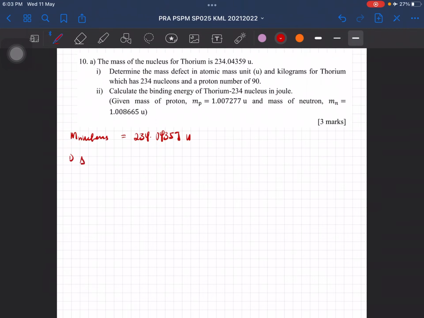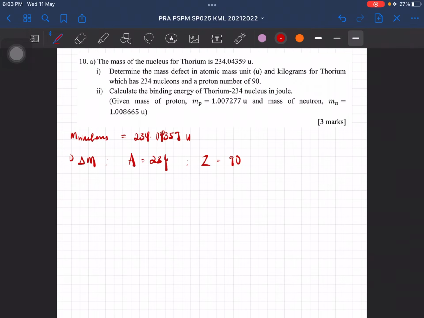So mass defect is delta M in atomic mass unit and kilograms for thorium, which has 234 nucleons. So it has 234 nucleons, which is A, and then we have the proton number, which is Z, 90. Right?